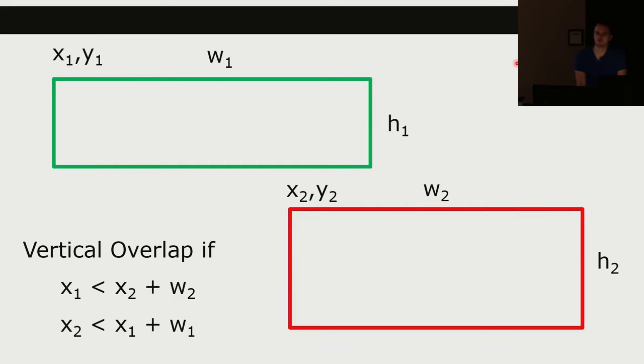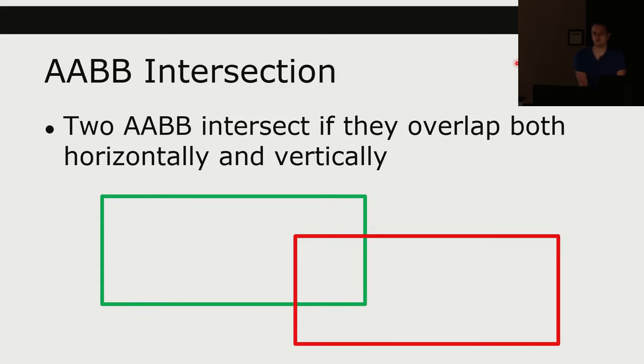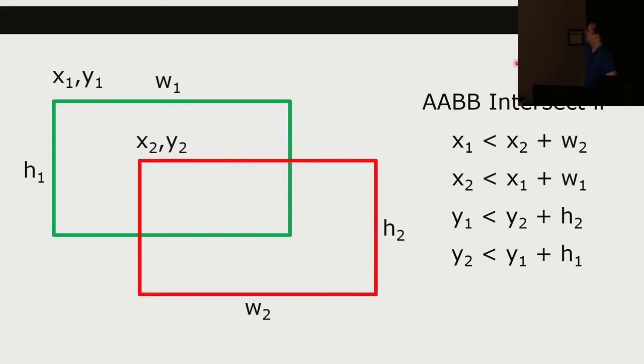Hopefully you can see where I'm going with this: if there is horizontal and vertical overlap, then we have an AABB intersection. Axis-aligned bounding boxes intersect if they are horizontally overlapped and vertically overlapped. And that's just 4 if statements.